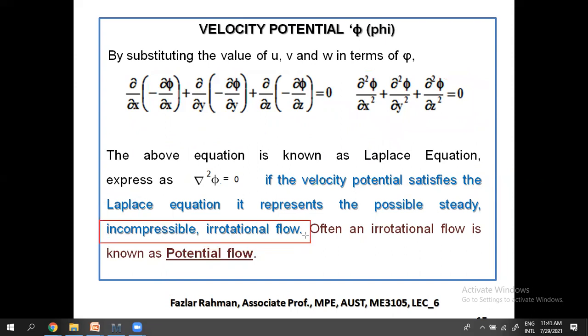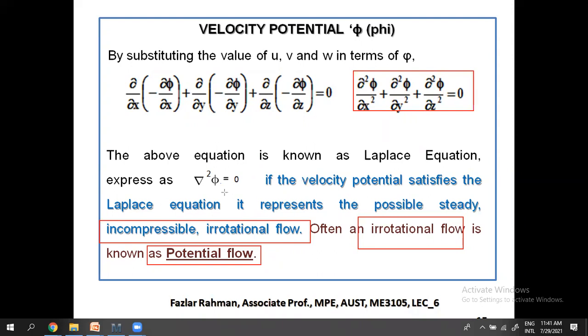In some books, an irrotational flow is sometimes called potential flow. So I can confuse you if I give you a phi and ask you to prove that it represents a potential flow, yes or no? Don't be confused. That means you have to satisfy the Laplace equation.